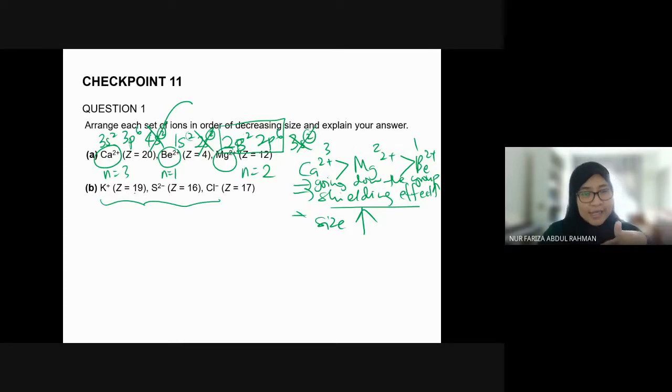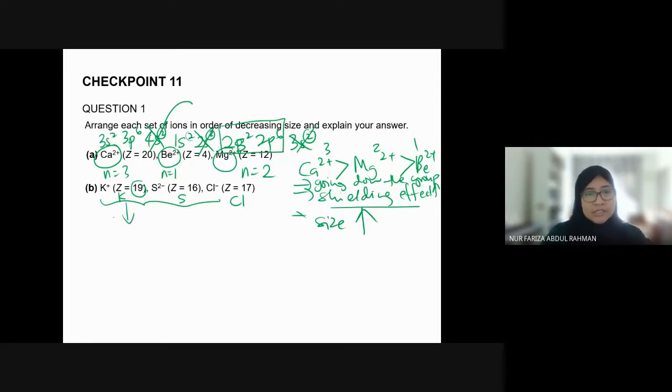Again, you will not notice this if you go based on the original electron number of the atom, or of the respective atom. Okay, so this Z belongs to K atom, this is Z for sulfur, and this is Z for Cl atom. Okay, so as you can see, their Z values are different. But how can they end up the same?